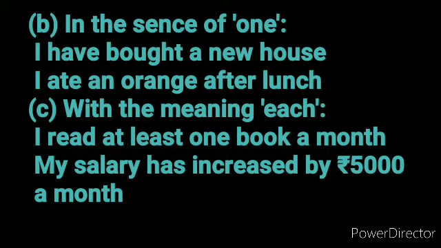So here, he ate only one orange after lunch. So to speak about the sense of one, we can use a, as well as with the meaning of each. For example, I read at least one book a month. In the sense, every month he reads one book. So that is an example for that.